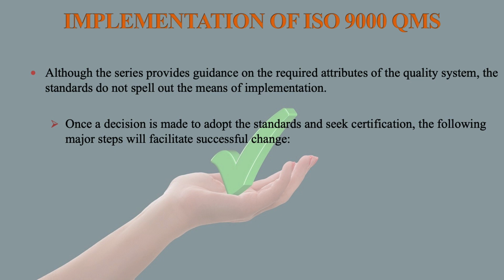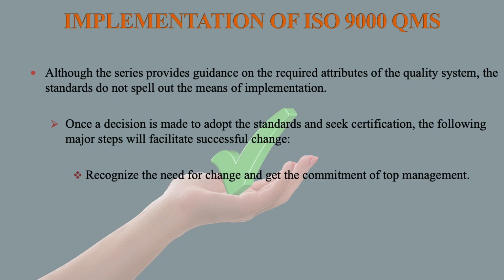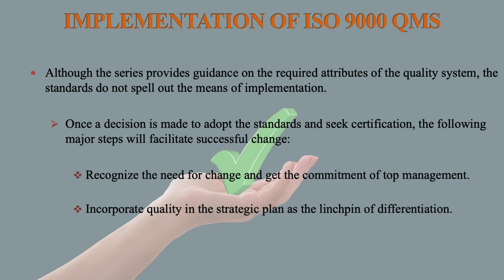Once a decision is made to adopt the standards and seek certification, the following major steps will facilitate successful change. Recognize the need for change and get the commitment of top management. Incorporate quality in the strategic plan as the linchpin of differentiation.